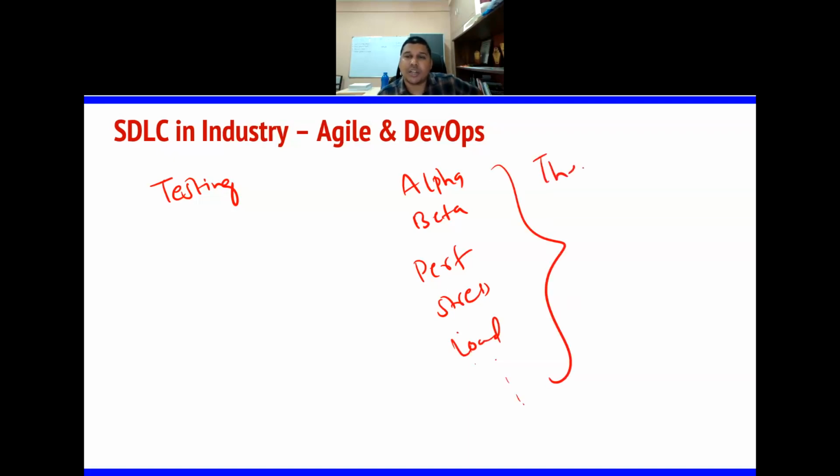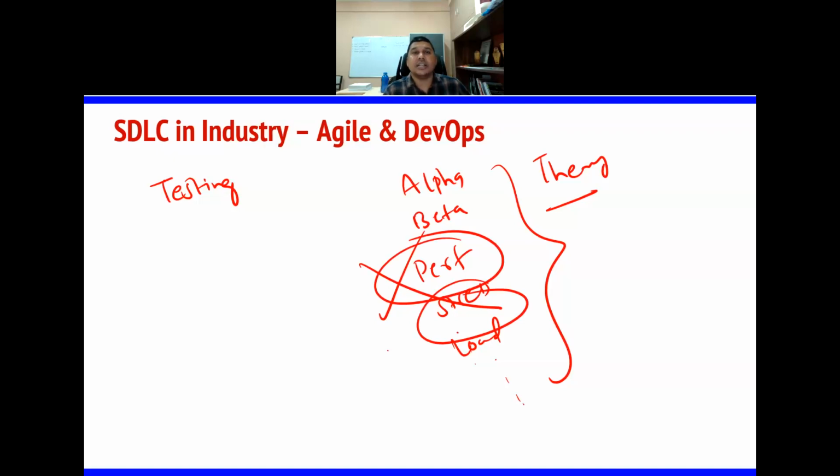You have studied a lot of theory, but in practical all this does not happen in industry. These things do not happen in industry because systems are very nicely working. They don't need any performance testing, they don't need any stress testing. They existed, they are the standard principles defined 30-40 years back when software engineering had begun. But that is not required now. Systems are robust, they're working fine.